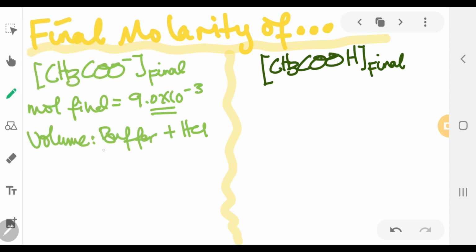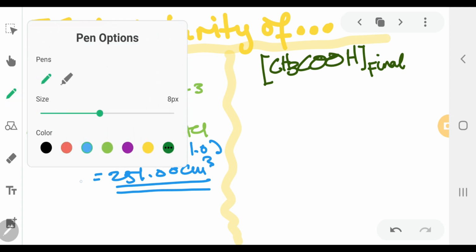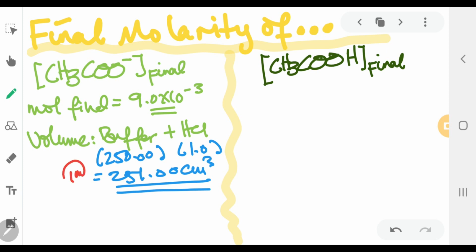The buffer you have is 250 and the HCl is about 1.0 just now. Yes? So the volume will be 251.0 centimeter cubic. So this is the new volume. By getting the new volume, you will get another 1 mark.